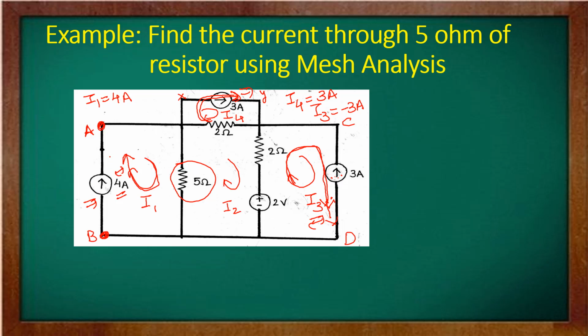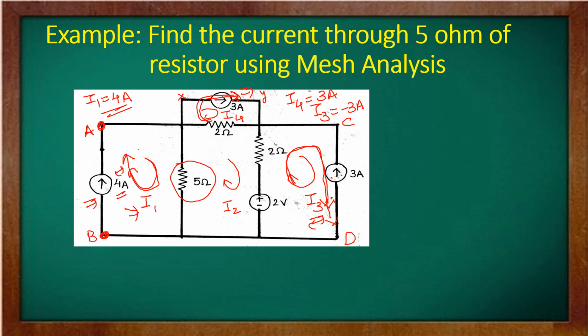Now see, we can write this current directly when we have a current source in a network and the must condition is that the current source should be part of only one loop. Here the 4 ampere is part of only one loop, which is I1. The 3 ampere is part of only one loop, which is I3.